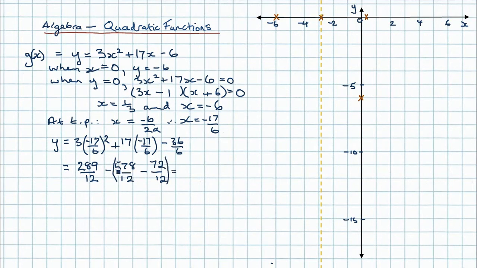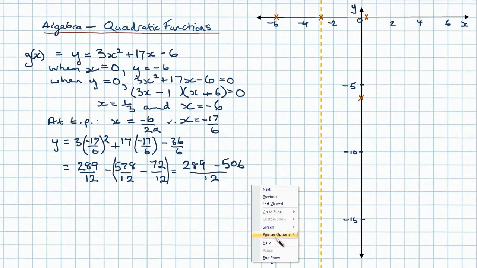Okay, so if I just group these, then I can sort that out, because 578 twelfths minus 72 twelfths is going to give me, well, if I write this bit here, 578, subtract this bit, which is going to be 506 twelfths, so all over 12.